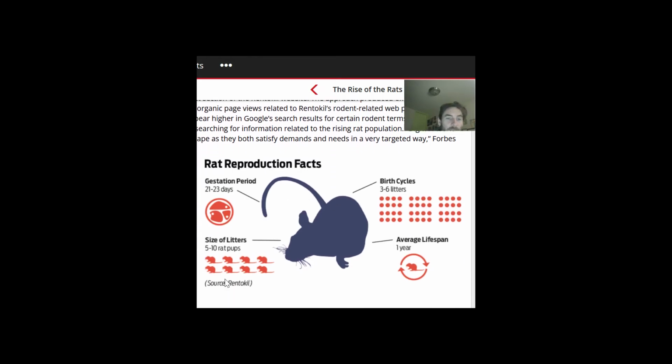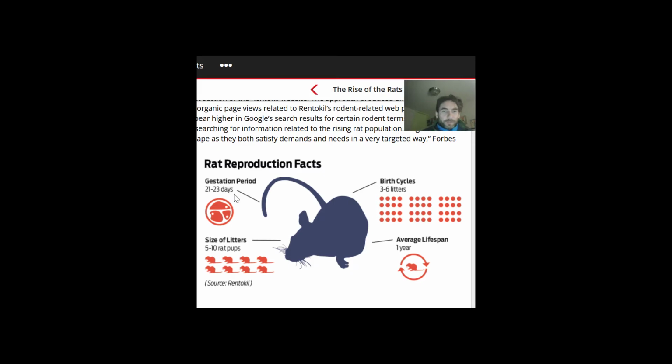And this just kind of gives an idea. They have a gestation period, meaning their pregnancy lasts less than a month, about 21 to 23 days. So that's the time between conception and birth, right?